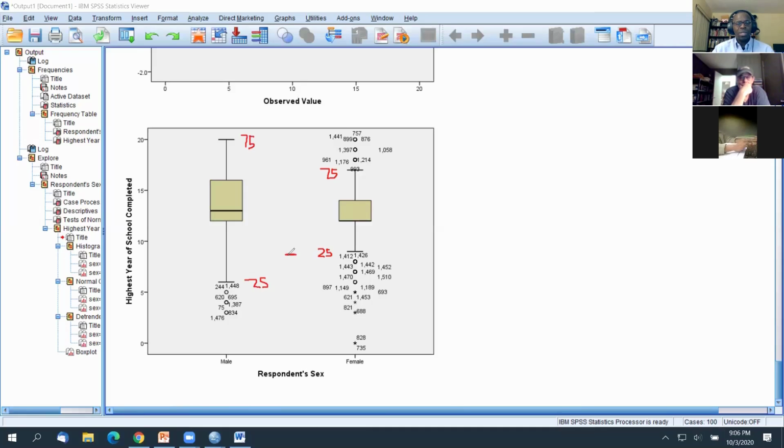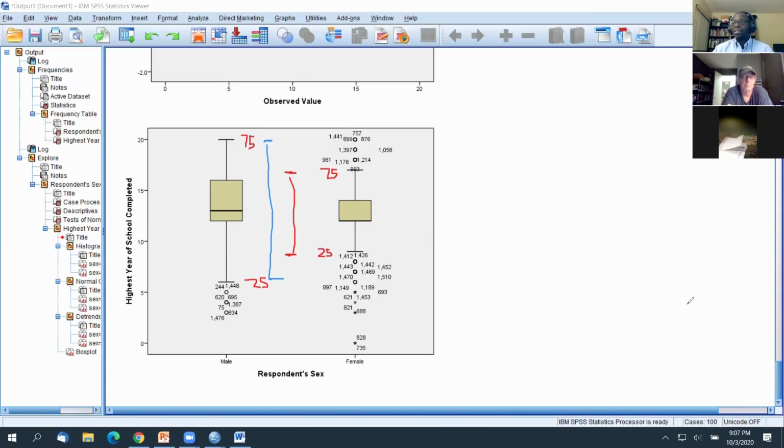You got this one, 25th percentile here, and then you got this one starting here. And this one for the males is way up here and way down here for the females. So the spread of the data is different.